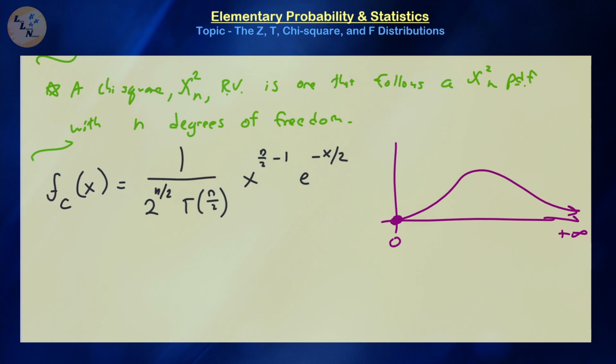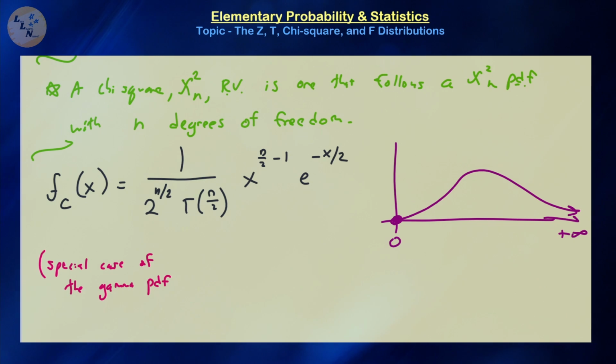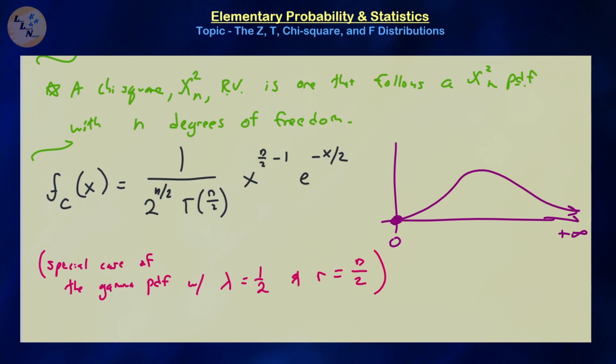And just in case you learned about the gamma distribution, this is actually a special case of the gamma probability density function with our rate parameter lambda equal to a half and the number of exponential random variables equal to n minus 2.